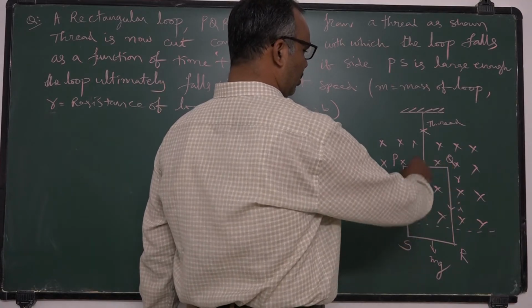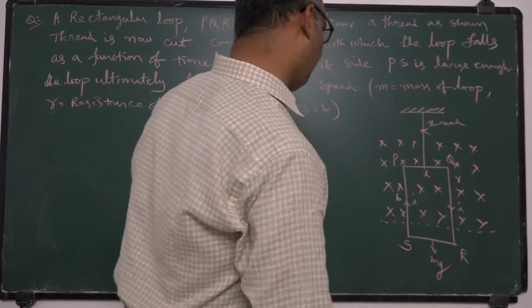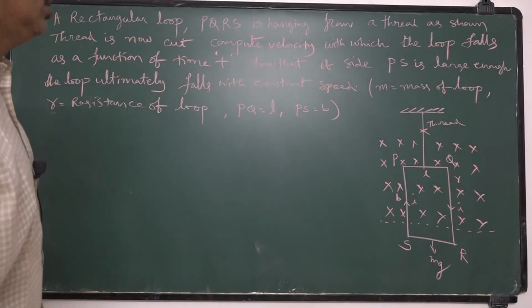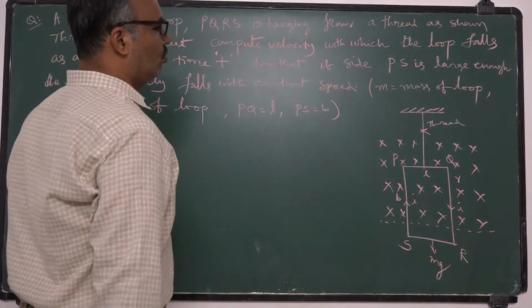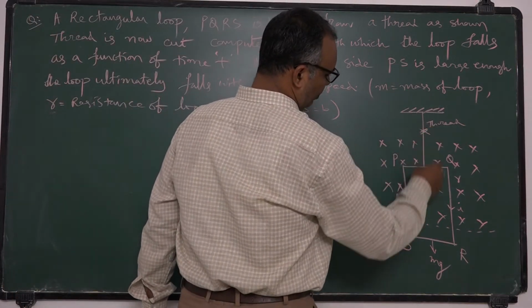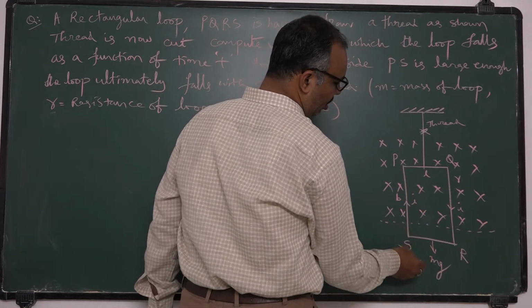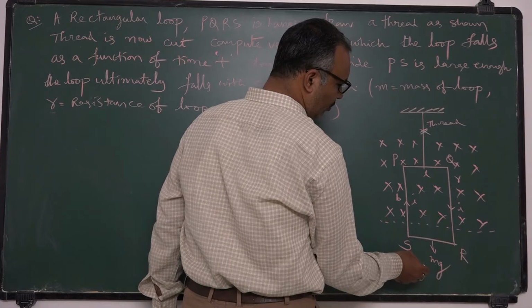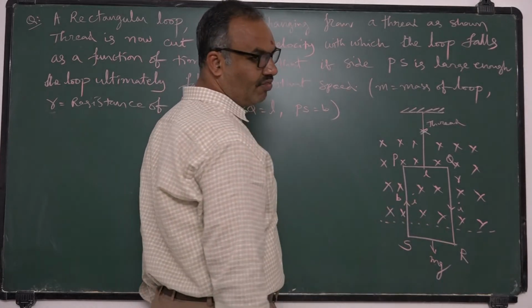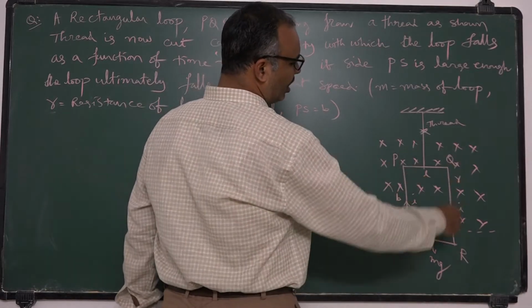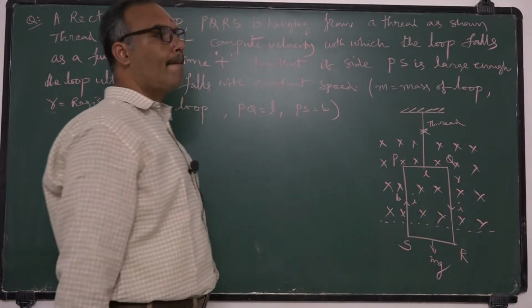South pole means clockwise motion of current is observed. Once the thread is cut, the loop is moving out of the field. The flux linked with the coil is going to decrease with respect to time. In order to increase that flux, the direction of induced current is clockwise as shown in the figure.